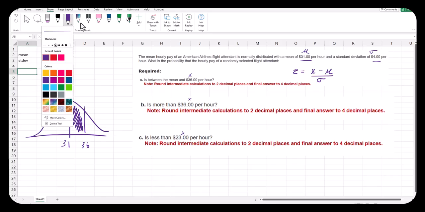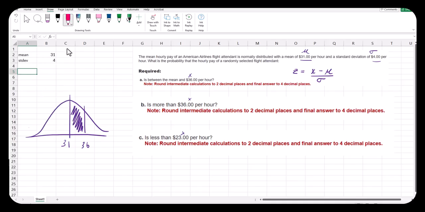So when you work these problems and you find the area, you can find the area up to this z value and then the area up to this z value, and you could subtract them, because think about it, if you're finding all this area up here, and then you subtract this out, that would give you this area here in the middle. And I mentioned there's a couple of ways to do this.